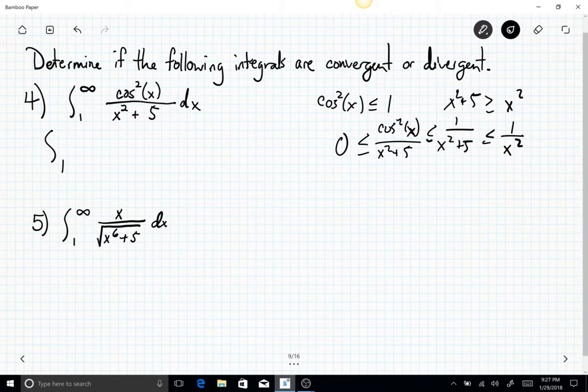So we can do the integral from 1 to infinity of 1 over x squared dx. And so this makes what?